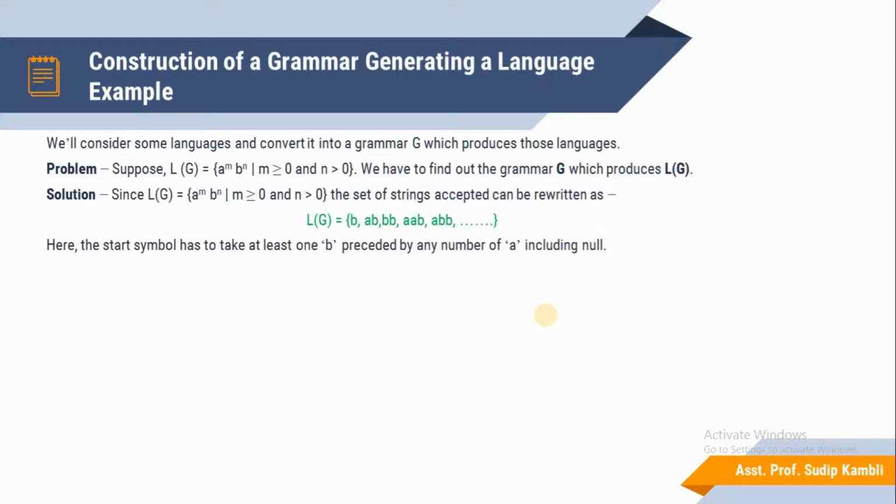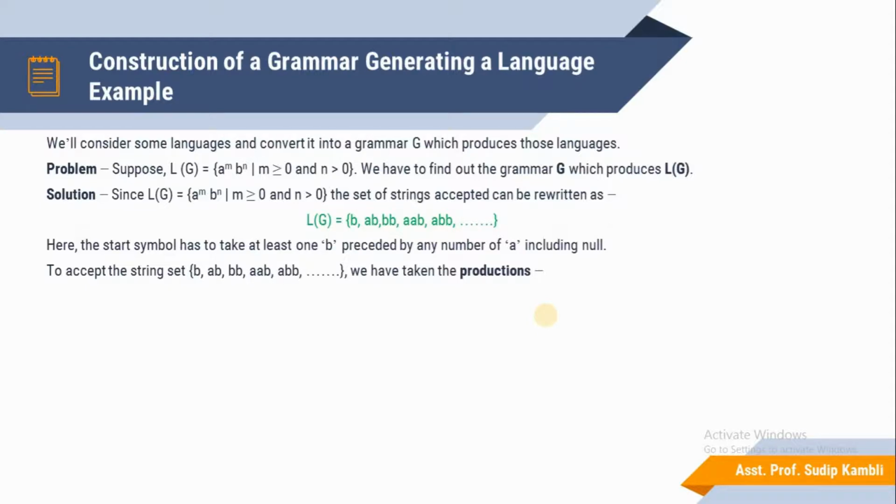So here the start symbol has to take at least one B preceded by any number of A including null. So to accept that string set, the same procedure can be used with the production rules to check. So ab, abb, aab, aabb we have already created, and I already checked that using the grammar.